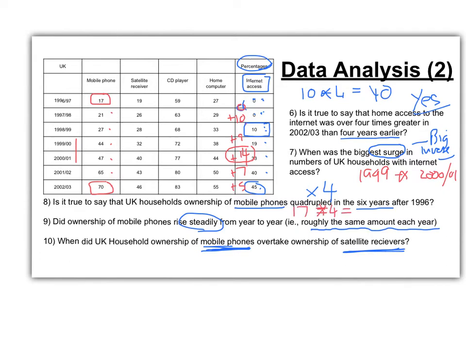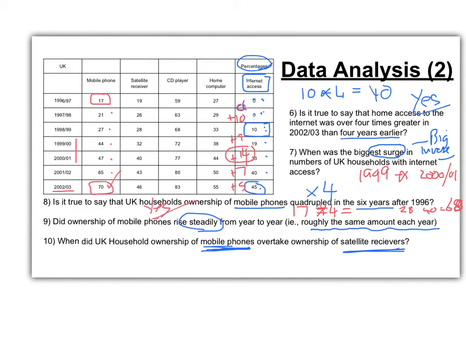Firstly, I've got to work out what the percentage would be if I quadrupled it. 4 sevens are 28. 4 times 10 is 40. So that gives me 68. Then, is the number in 2002, 2003 bigger than 68? If it is, then it has quadrupled. And it is, it's 70. So the answer there would be yes.